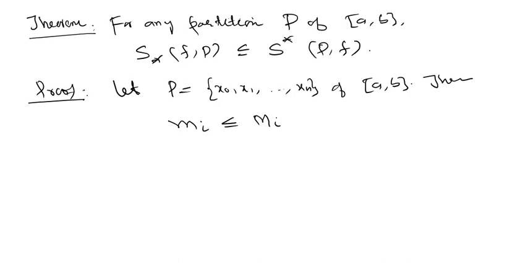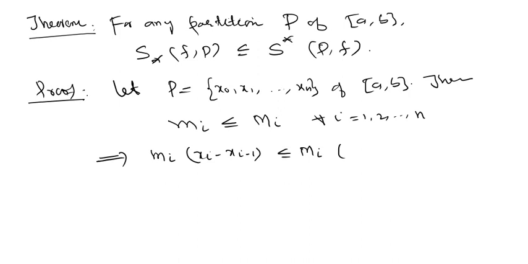So let's multiply throughout by a positive number, the length of the ith subinterval, which is positive. This will always be less than or equal to. So this is true for all i from 1 to n.